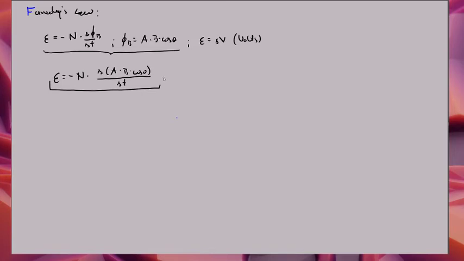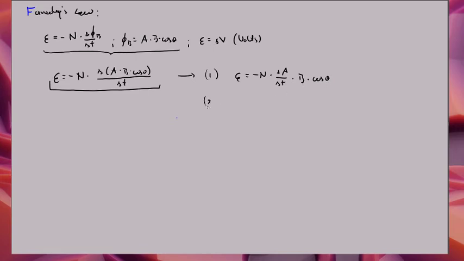Now there are a couple things you can do with it. So here's the first option: EMF could be minus N times, well, maybe it's just the area that is changing. So times B times the cosine of the angle theta. That's possible. And then B and angle theta are constants.